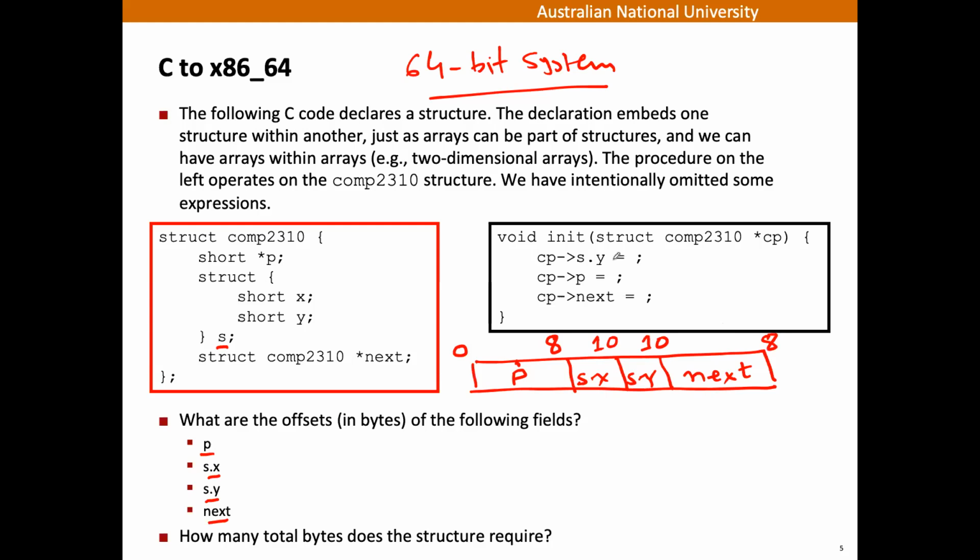So total bytes 20, and the offsets are shown in the figure, okay? So this is a pointer, this is a short, this is a short, and they are laid out sequentially next to each other. You can assume for everything, if two variables are next to each other in the exam, they are sequentially laid out in memory.